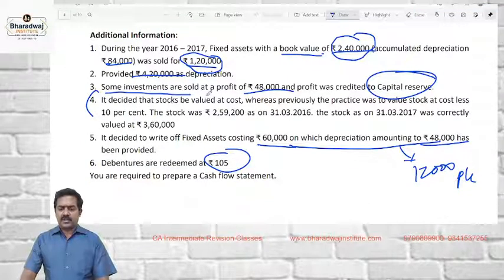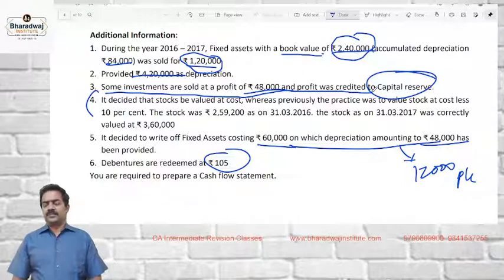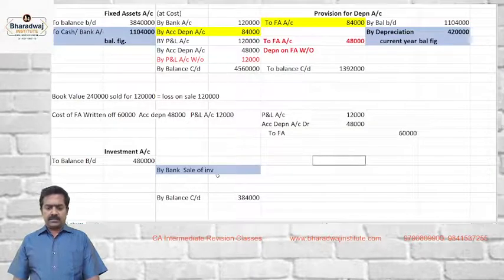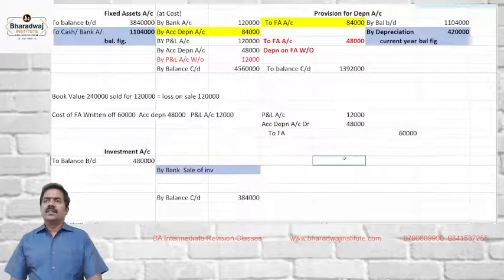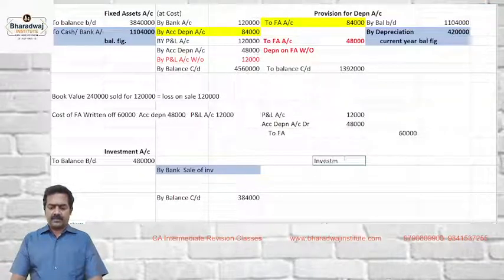Some investments were sold at a profit of 48,000, and the profit was credited to capital reserve. The profit was credited to which account? Capital reserve account. Wait, what is the journal entry they would have passed for transferring the profit? Investment account debit.